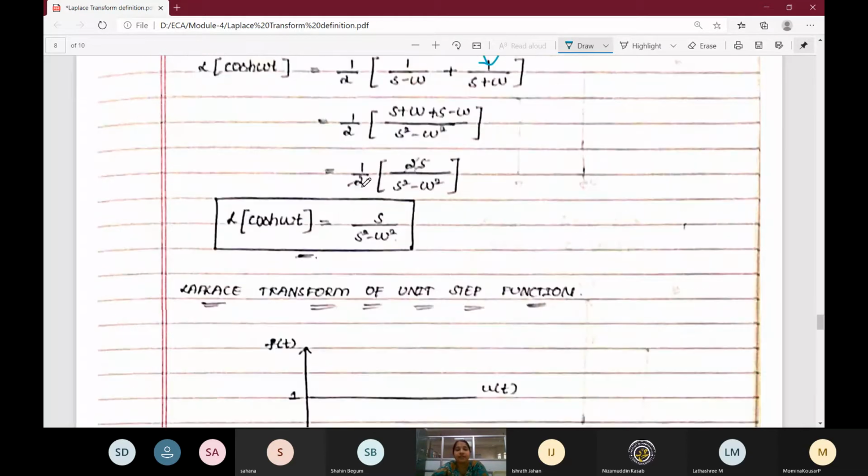After taking LCM, 2 and 2 will get cancelled and the remaining is s divided by s square minus omega square. So we have seen the sine function, the hyperbolic function, the constant and the standard e power minus at. All these are standard functions we have to remember. They may ask all four together. This Laplace transform you have to do with the definition.